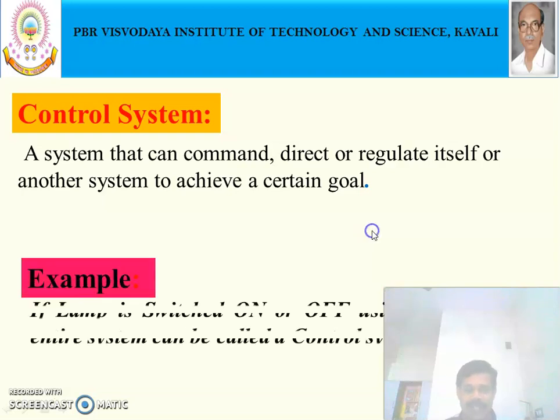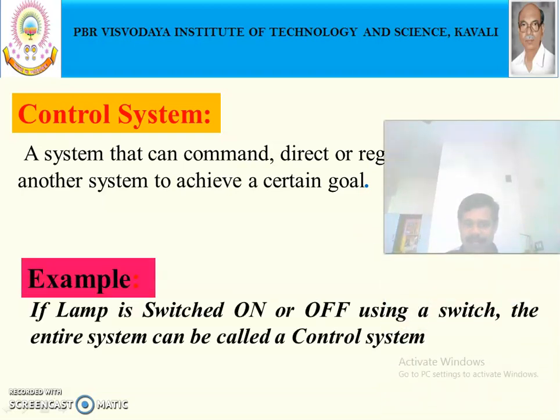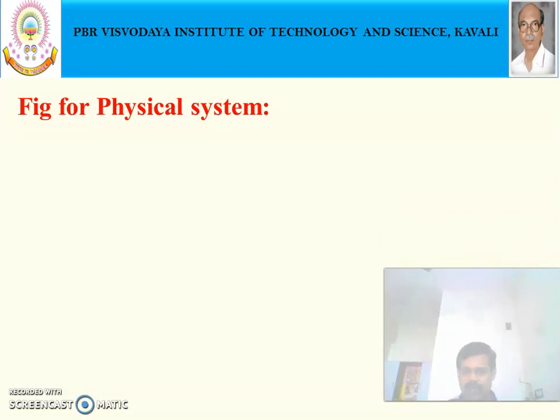First we are going to see a simple example. We are having a lamp. This is a lamp. Lamp is a system. Lamp is having filaments, it is having a glass cover. All these are combined to form a system. Now we are making this lamp, a system, into a control system.